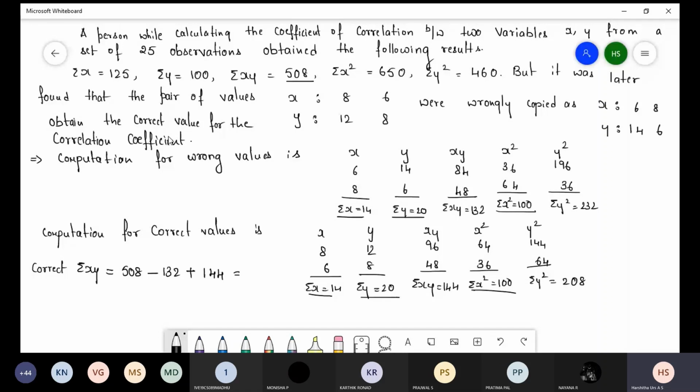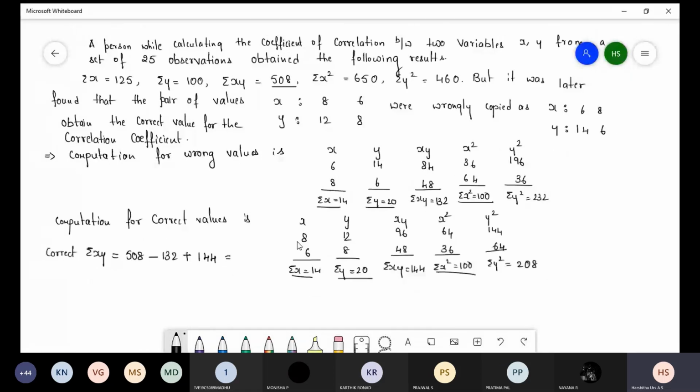First they have given through observation sum of xy is 508 minus wrong value plus correct value. We have to add all this. Yes, here we get 520. Like that, another one, correct value for sum of y square. Sum of y square is 460 minus wrong value 232 plus correct value 208.